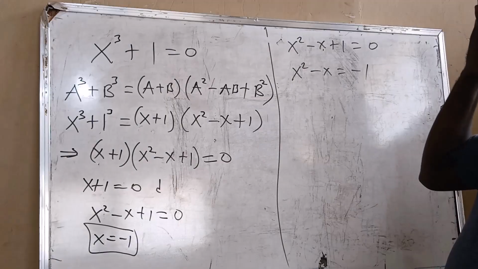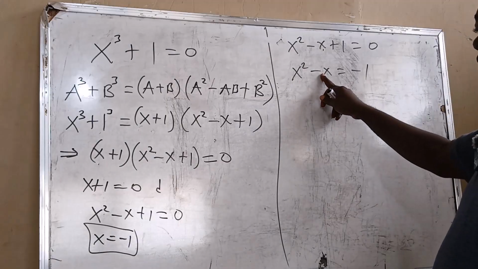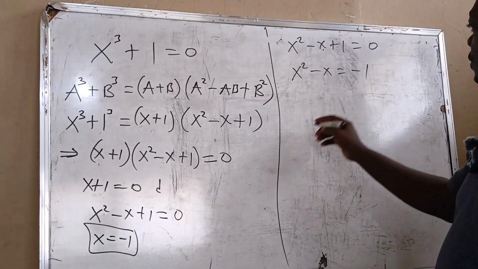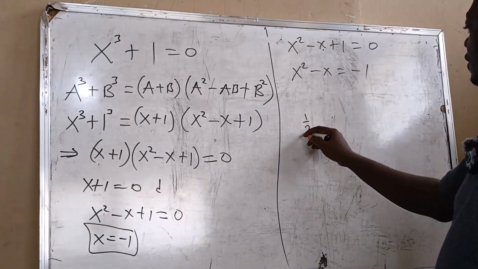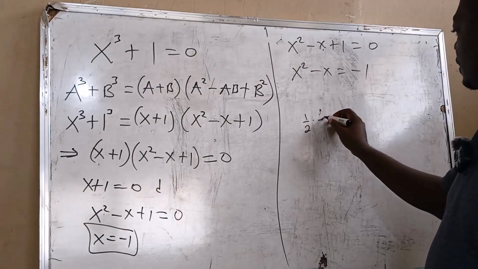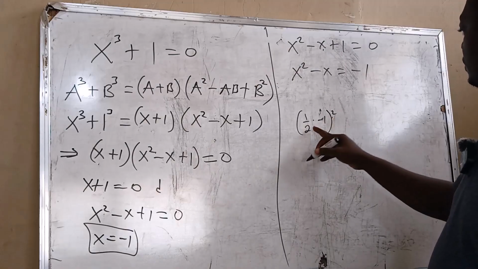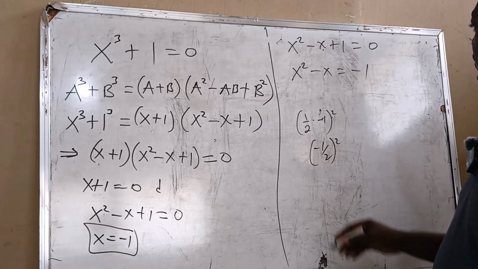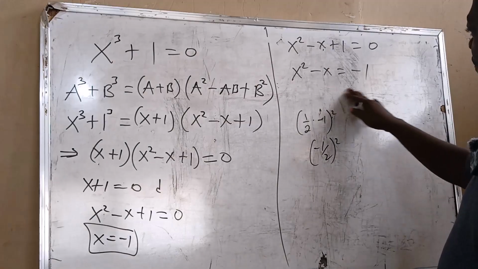Okay, so let's take half of the coefficient of x and then add its square to both sides of the equation. So we have -1 here, so -1 half, all squared. So this one will be -half squared. So I'll add this to both sides of the equation.